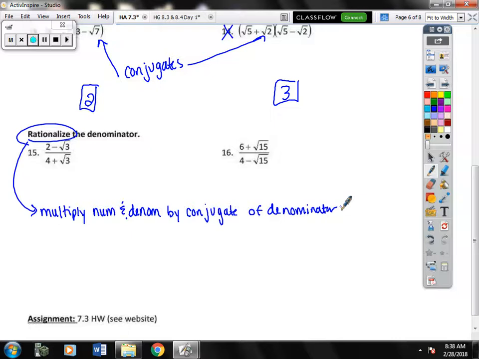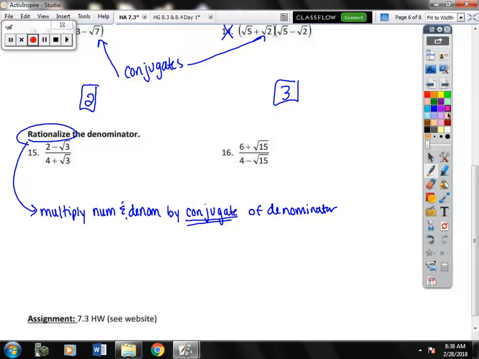When it's a binomial, you can't do that. You have to do the conjugate of the denominator. And again, the whole reason for this is that you are getting the square root out of the denominator. So if you multiply by what's in there, you're not going to get rid of the square root. You're still going to have a square root of 3 in there.